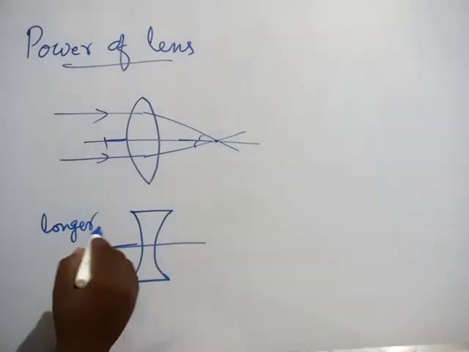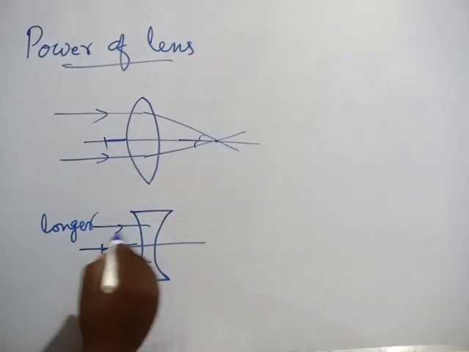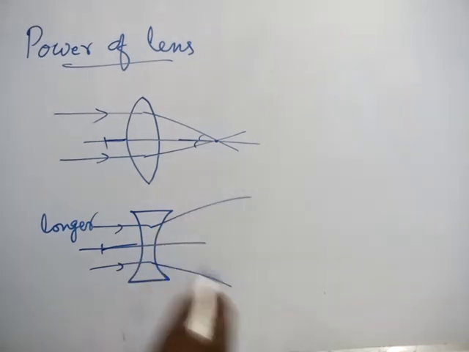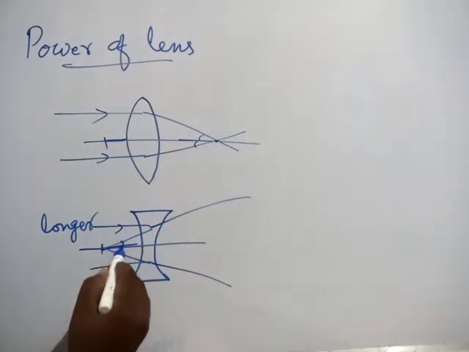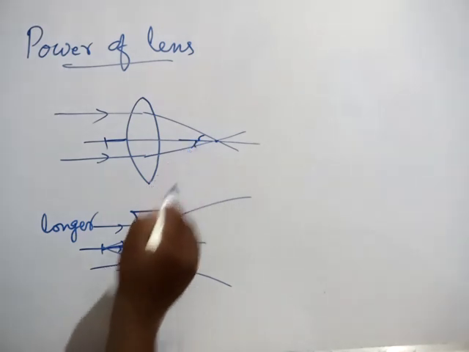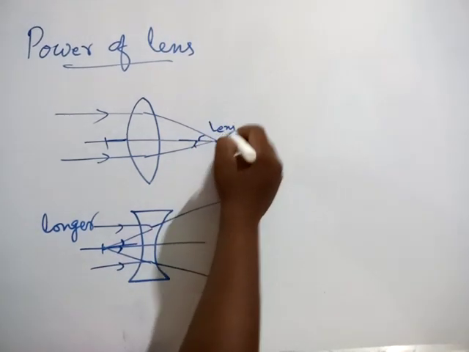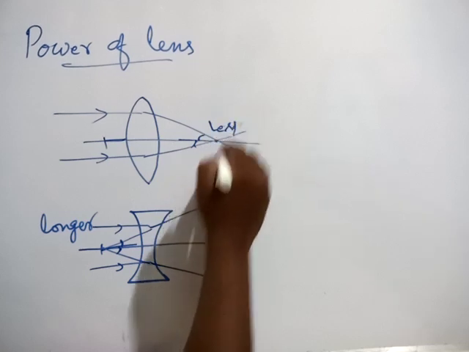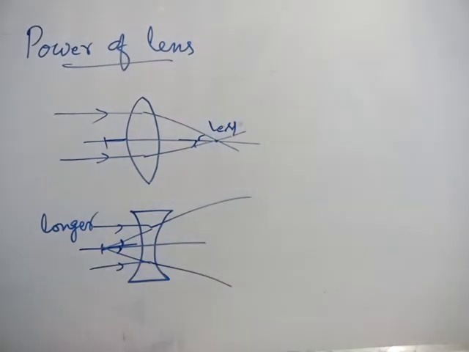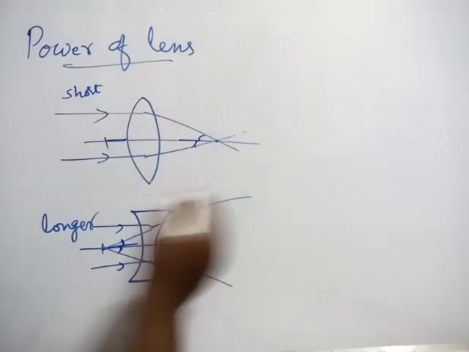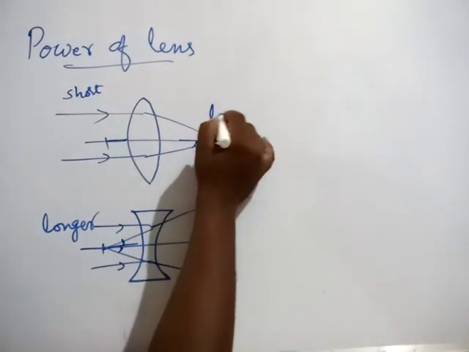But what happens here? The parallel beam of light diverges, in this way. By comparing these angles, definitely this will be less and this will be more. Shorter focal length, large angle.